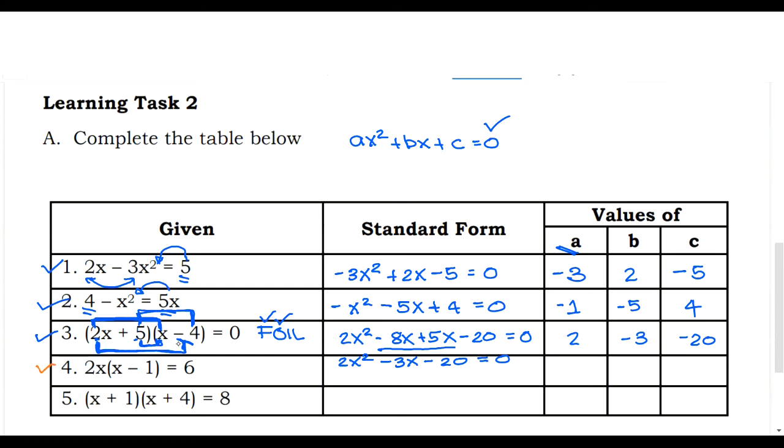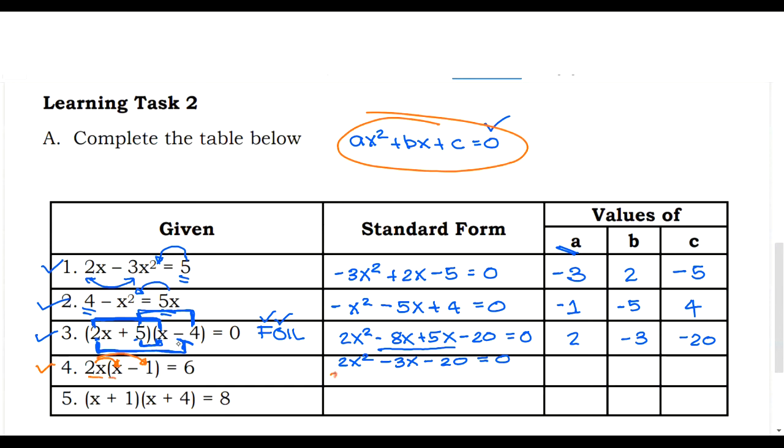Let's now have number 4. Okay? So, again, ang goal natin ay mapalabas itong form na to. Ito yung standard form of a quadratic equation. So, ang gagawin lang natin, we distribute 2x dito sa loob ng parentheses. Sige nga, what do we get? What is 2x times x?